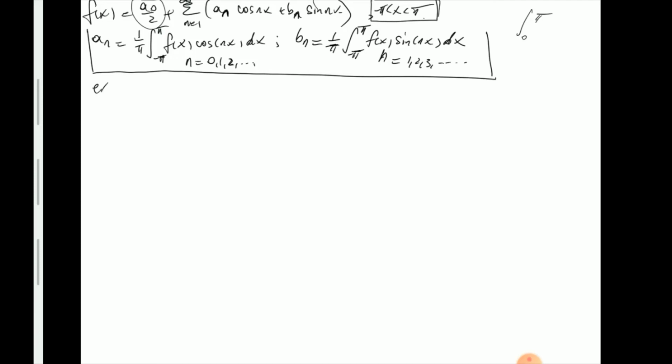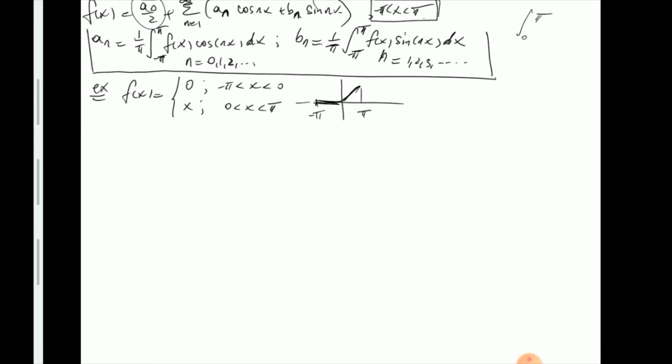Let's say f of x was 0 on the interval minus pi to 0, and x on the interval 0 to pi. Right, so that looks like this. And let's not do it with the formulas, but with the tables eventually.